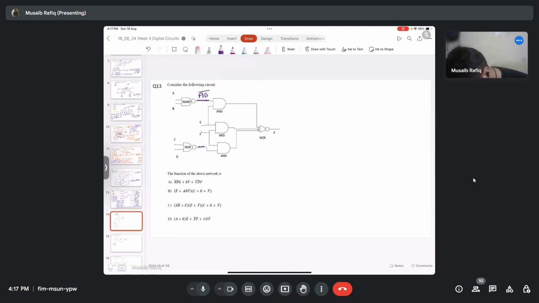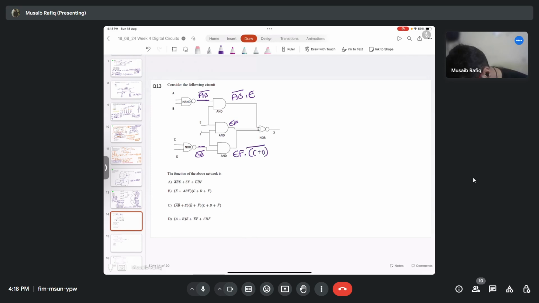This will be (C plus D) bar. This will be EF. This will be (AB) bar dot E, and this will be EF dot (C plus D) bar.